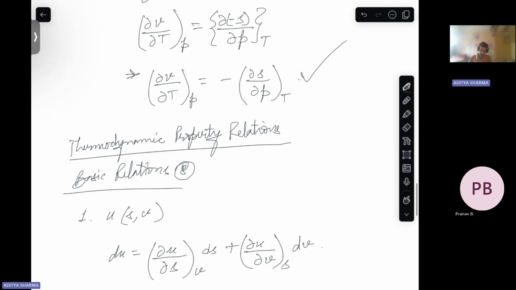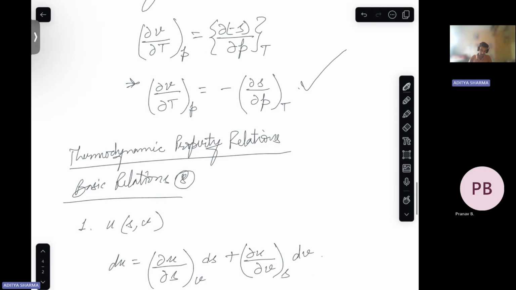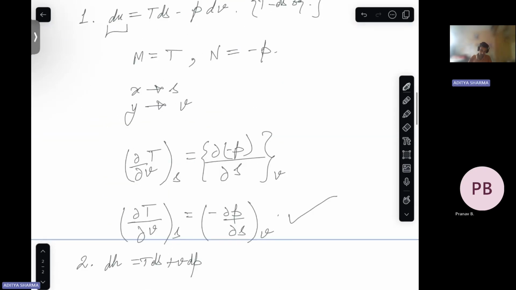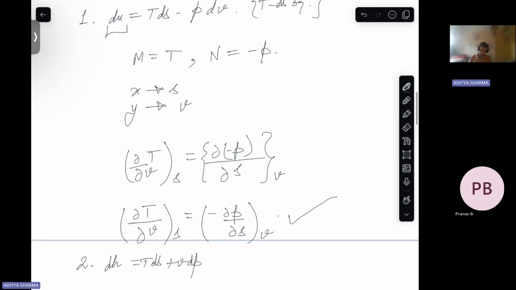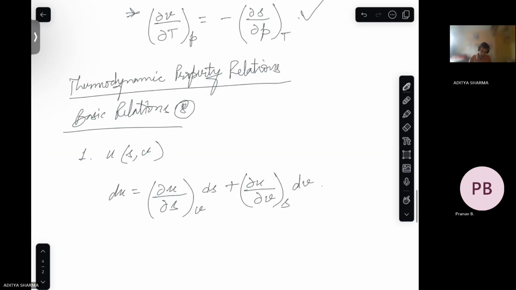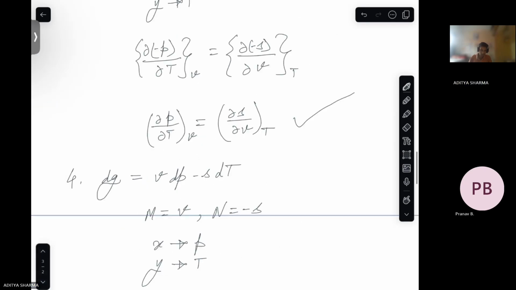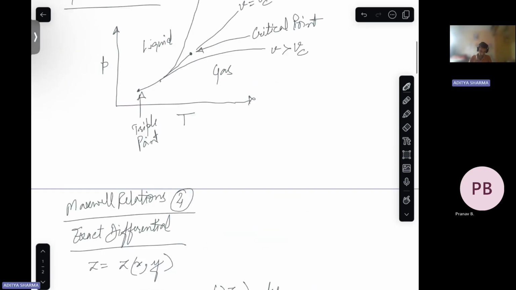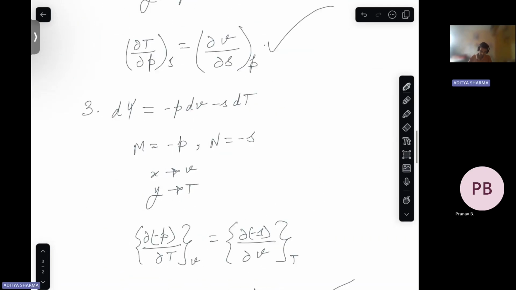And from each such exact differential, we will get 2 relations, right? So if we compare it with our first Maxwell relation, this. So we know dU is also equal to TdS minus PdV, right?